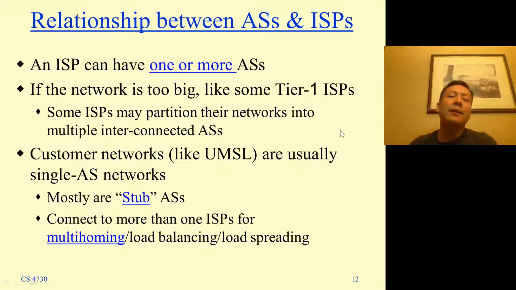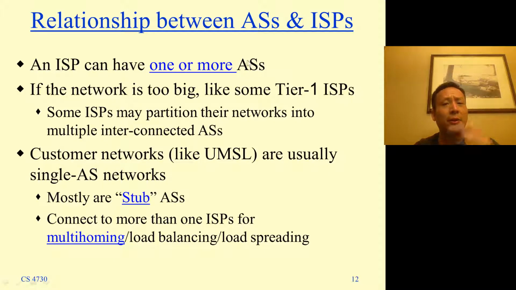So in reality, a specific ISP, for example, Verizon or AT&T, can have a huge network, right? It's like a nationwide network. So in some cases, one single autonomous system is still not enough. You want to divide it and use multiple autonomous systems to cover your huge network.